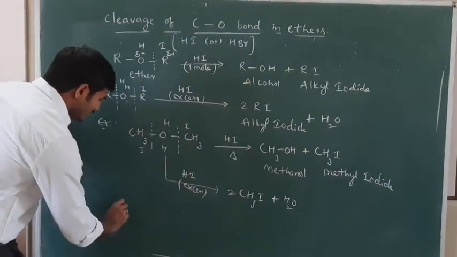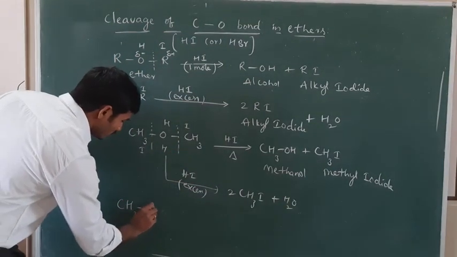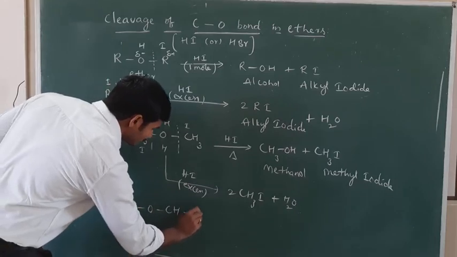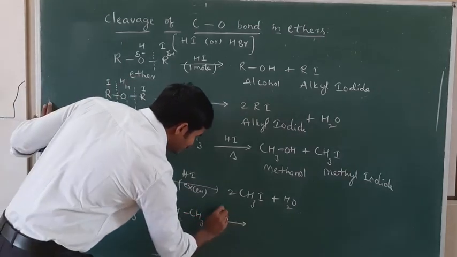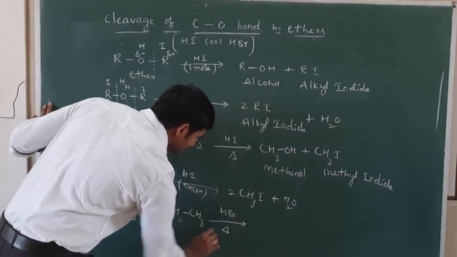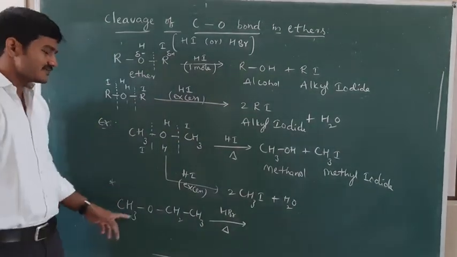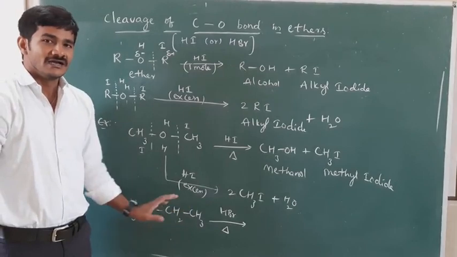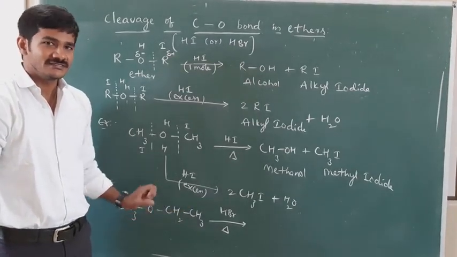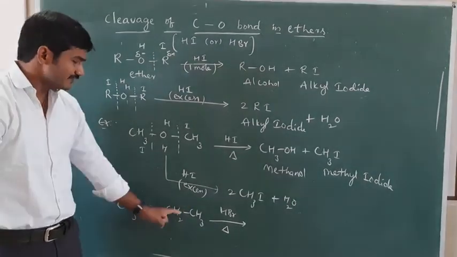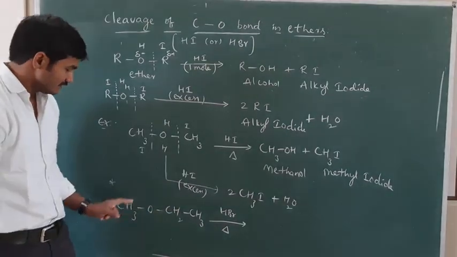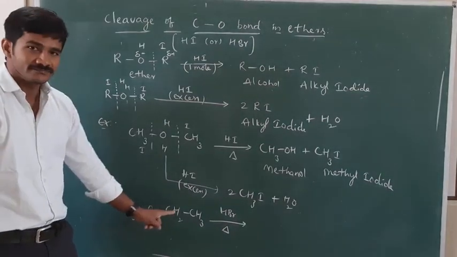This is a symmetrical ether. If I take unsymmetrical ethers, CH3OCH2CH3 and HBr, heat. Now understand this, this type of question is important. This is not a simple ether. Mixed ethers are also called unsymmetrical ethers. In unsymmetrical ethers, where do we have to break? Either this C-O bond or this C-O bond.